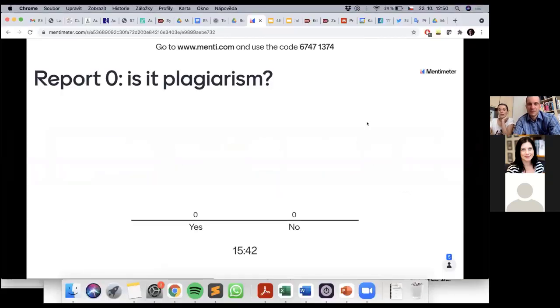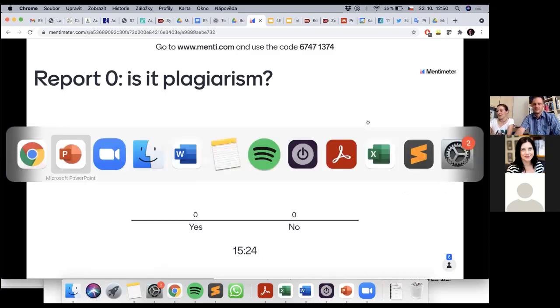If you joined us later and did not use the Mentimeter yet, just open in your browser the web page menti.com and enter the code which you have in the chat. It is 67471374, and then you just need to enter a nickname, and then you can share your answer.